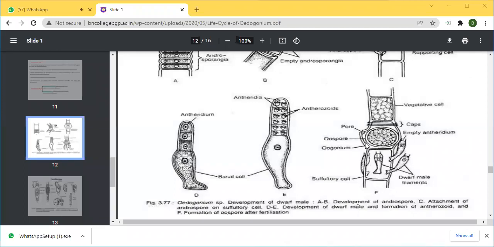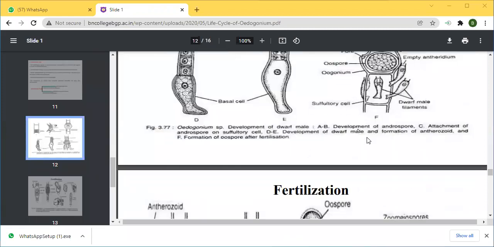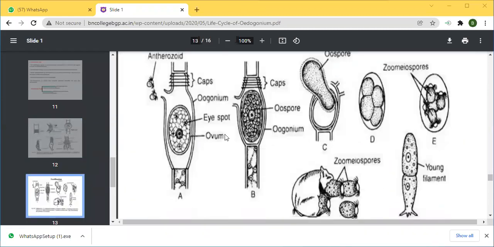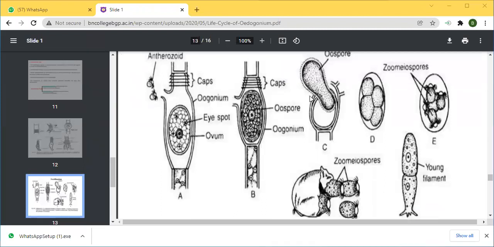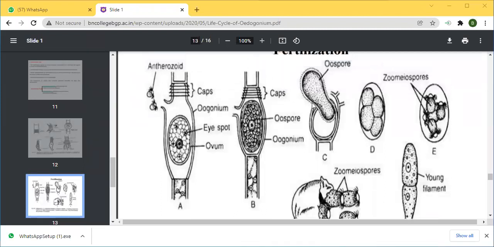The dwarf male, the male reproductive organ, is next to the oogonium. After this, antherozoids enter into the oogonium and after fertilization the zygote is formed. That is the oosphere. What is the name? Oosphere.